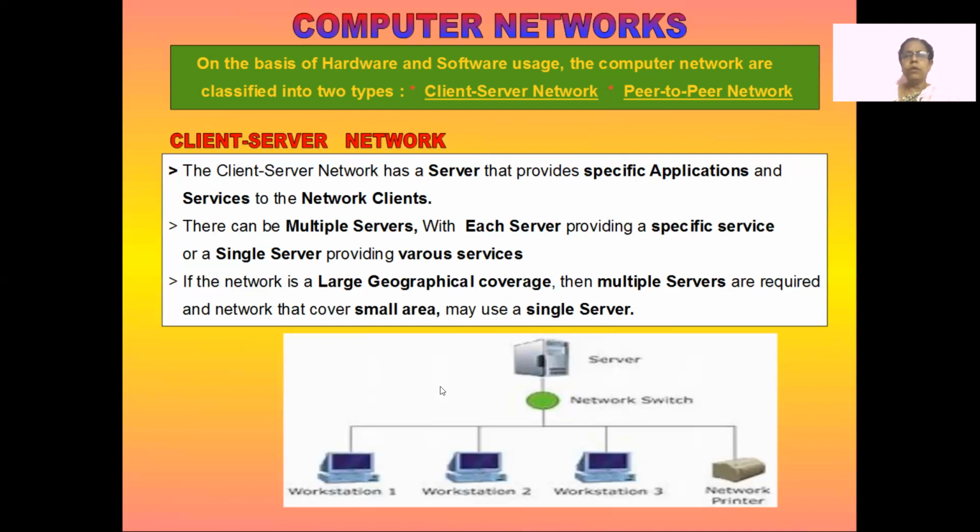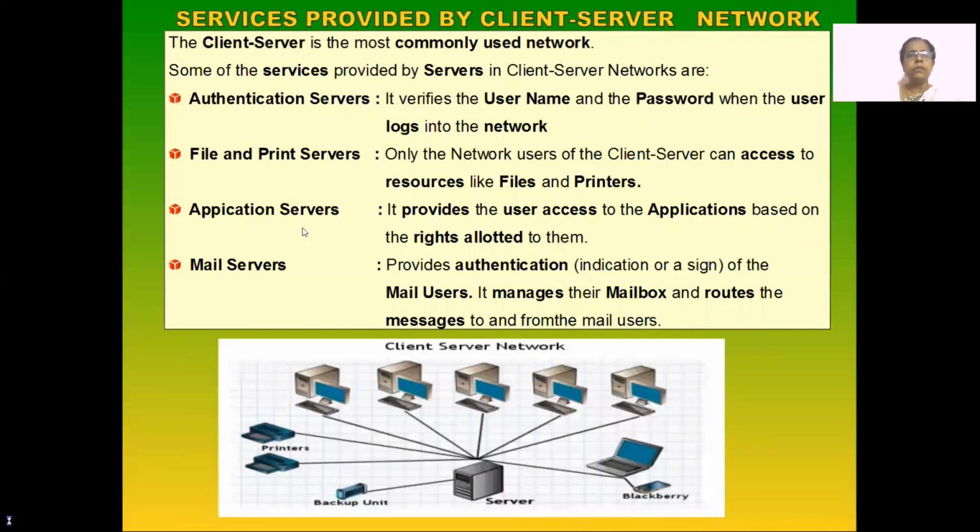Okay. Then, the client-to-server network is the most commonly used network in any office. And what are the services that client-to-server provides? First is the authentication service. It verifies the user.